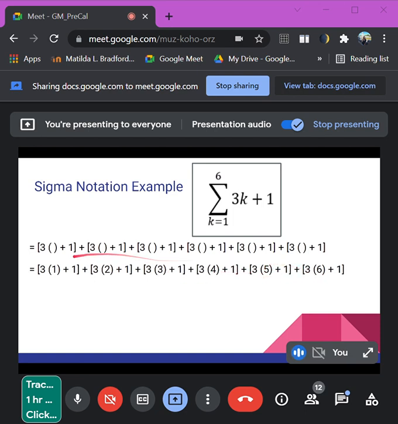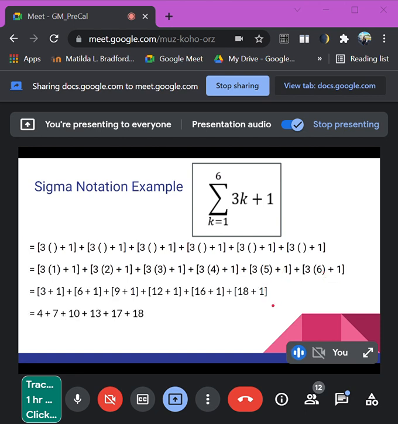Then simplify: 3 times 1 plus 1, that is 4. 3 times 2 plus 1, that is 7. 3 times 3 plus 1, that is 10. 3 times 4 plus 1, that is 13. 3 times 5 plus 1, 16. 3 times 6 plus 1, that is 19.